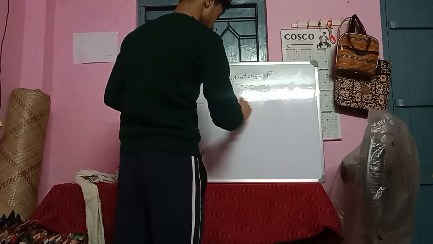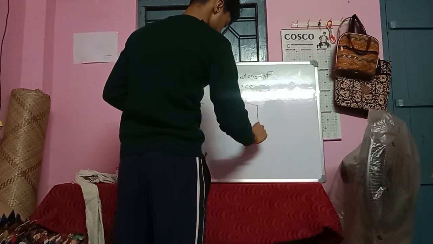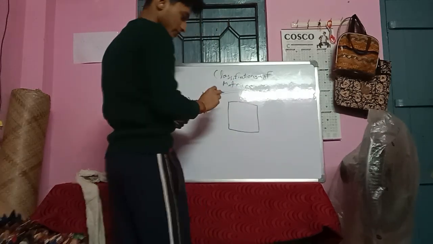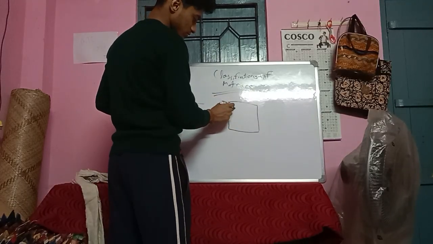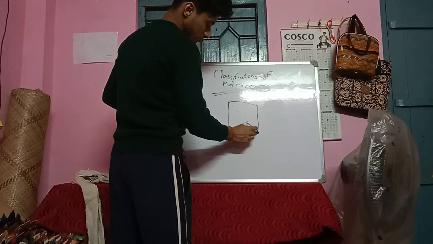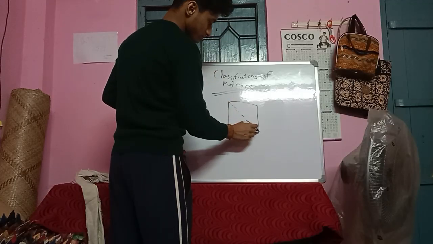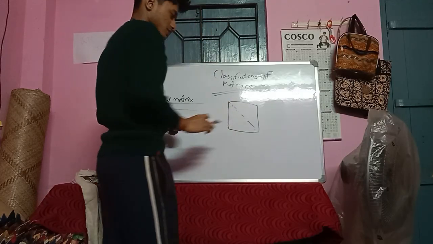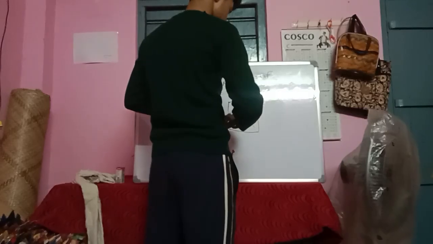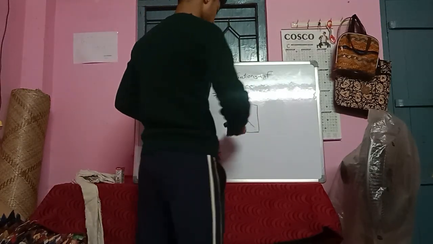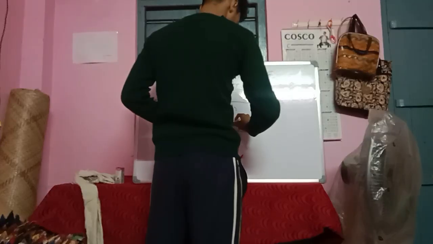Let's say we have a quadrilateral here. If we connect two opposing points of any quadrilateral, then the line that connects these 2 points is known as the diagonal of the quadrilateral. And a quadrilateral has two diagonals. We all know that.